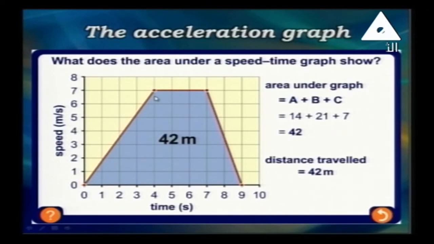This is the distance here, and we have another distance, and we have another distance here. So this area represents what? Represents 42 meters. It means distance traveled 42 meters as calculating the area under the graph or under the gradient here. So it is very important to know this one for teams question. It's high level question for you.